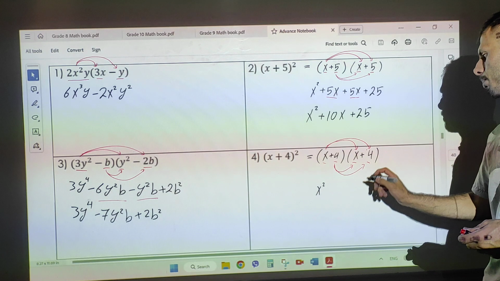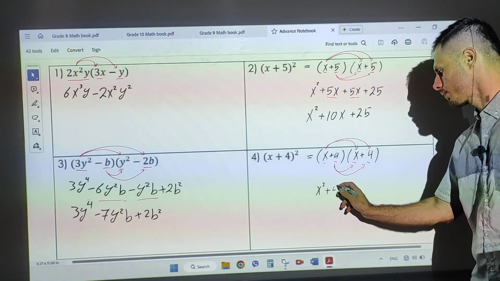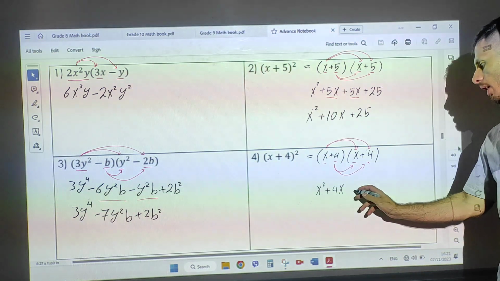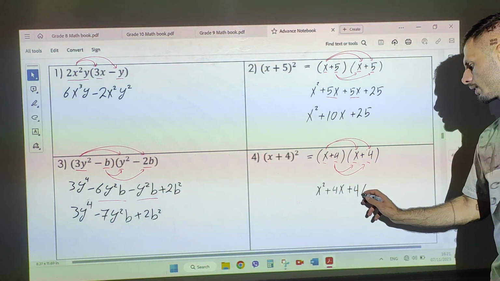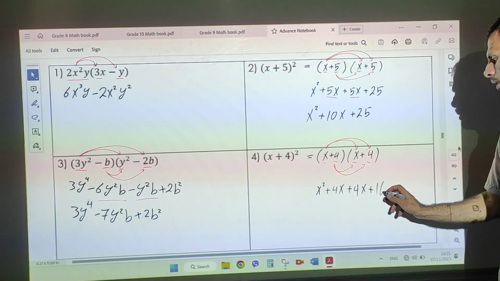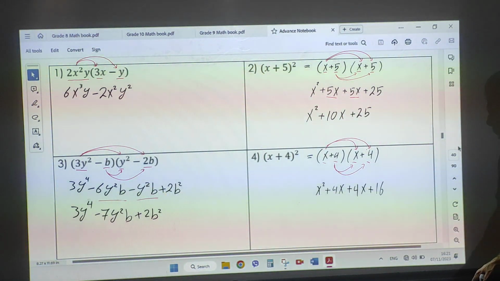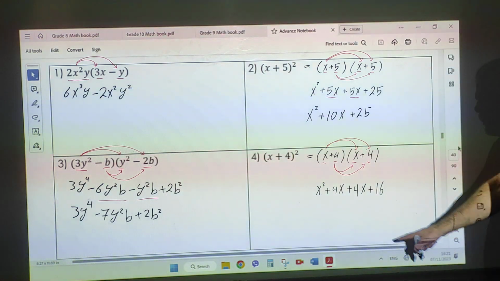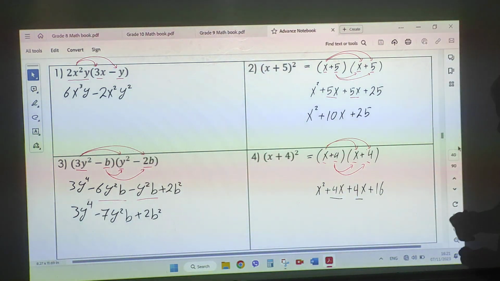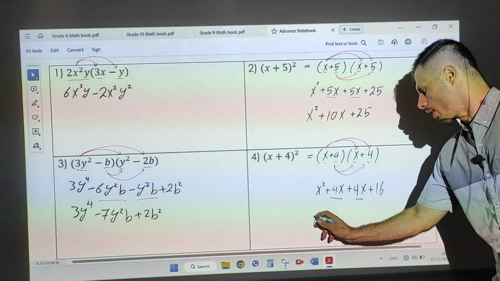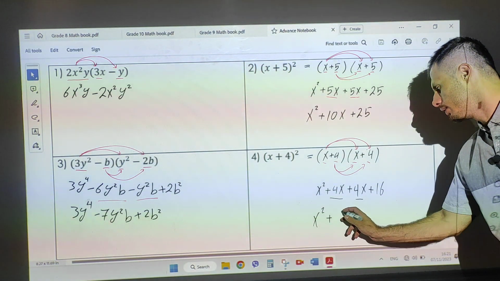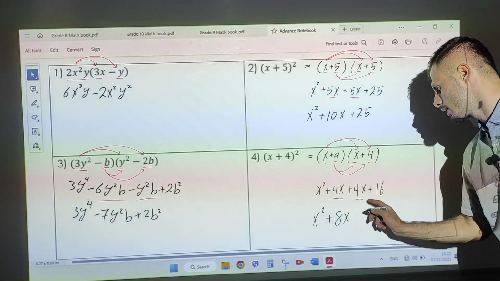X multiplied by plus 4, plus 4x. Positive 4 multiplied by x would be plus 4x. Positive 4 multiplied by positive 4 would be plus 16. X power 2, 4x, yes, x power 1 you have, only number. We can add them together: x power 2 plus 8x plus 16.